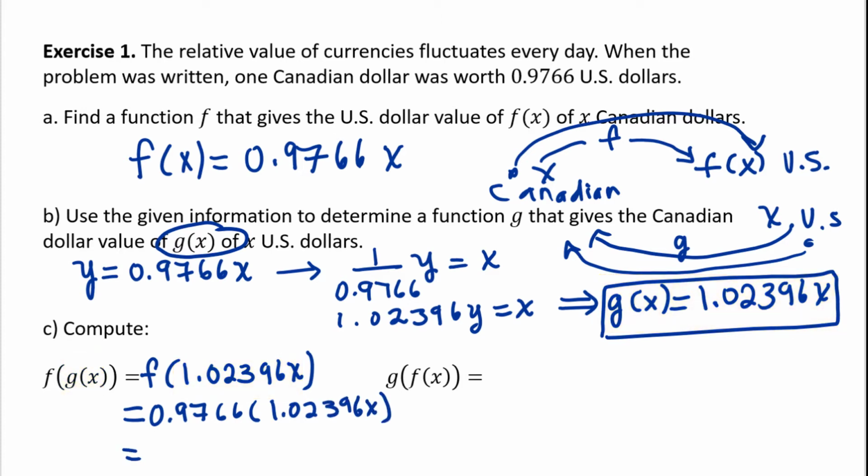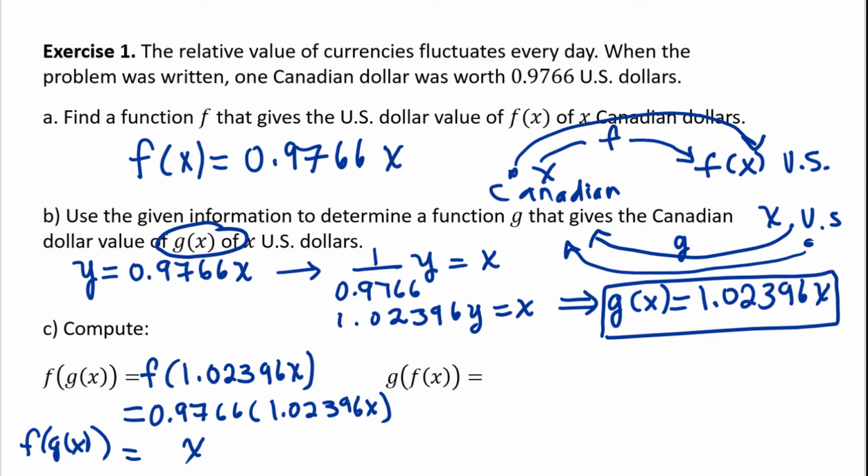When you multiply the 0.9766 and 1.02396, it comes out to 1. So we find out that f of g of x takes us back to x. This ought to make sense. You get a certain exchange for a Canadian dollar, convert it to US dollars, and then convert it from US back to Canadian. It should be where you started.